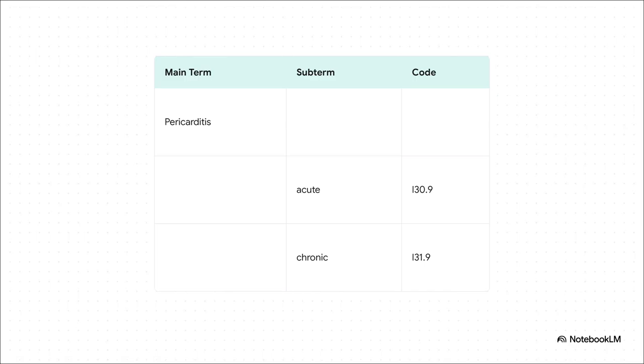Let's look at a classic example to make sense of this. Cholecystitis, or gallbladder inflammation. Notice how we start with the main term, cholecystitis. Then, look right below it. See how the subterms for acute and chronic sit perfectly parallel to each other? They are aligned at the exact same indentation tier in the book's hierarchy. That visual, spatial alignment in the index is exactly what forces the dual code combination.